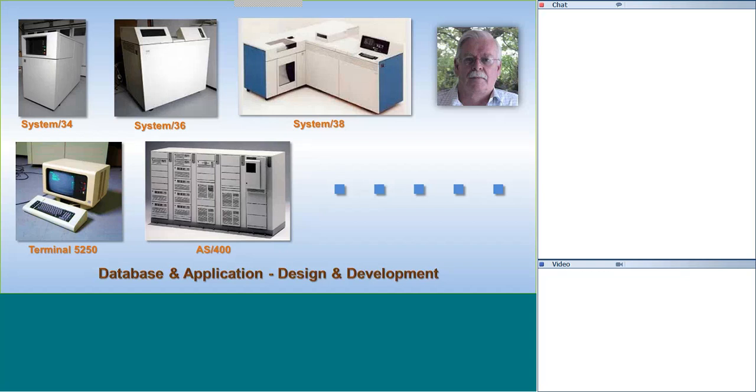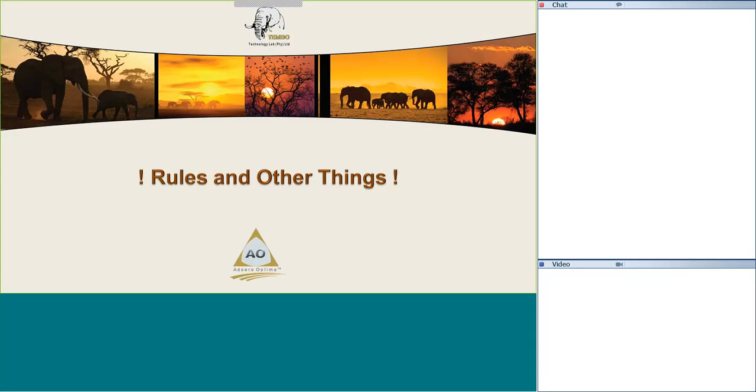Right now, this is my interrupt screen, which should pop up. No, it doesn't. Some of them pop up with a question mark, which allows you to ask questions. Let's talk about some rules and other things, just quickly. I will be stopping at regular intervals in between sections to give you opportunities to ask questions.